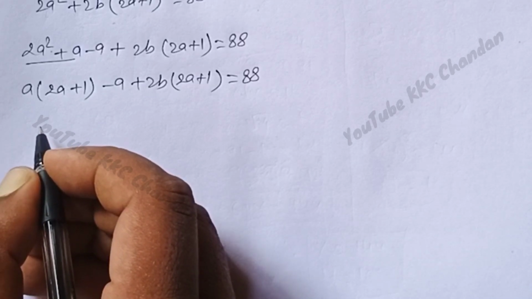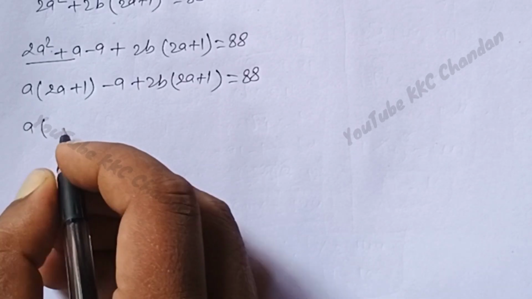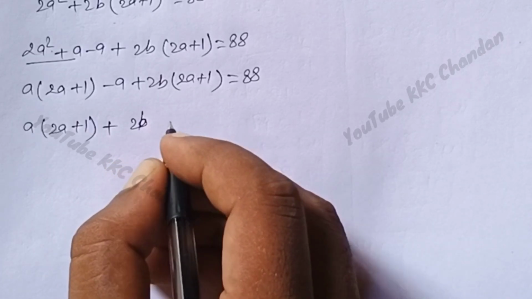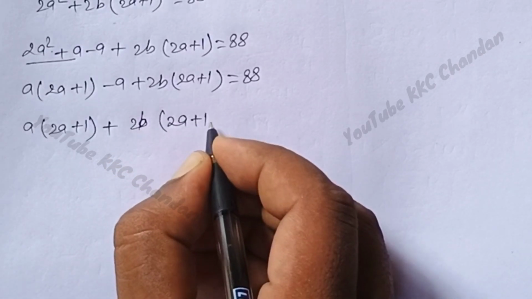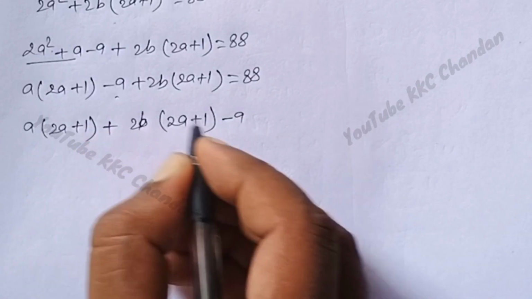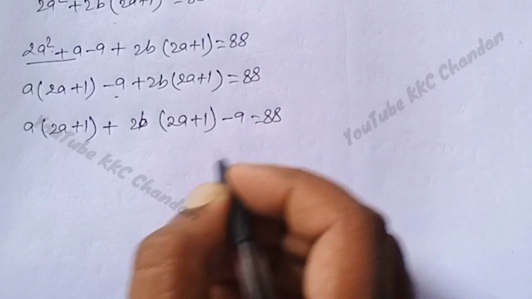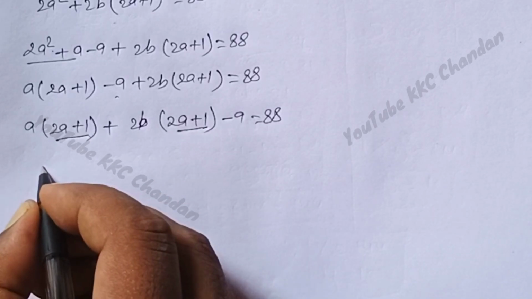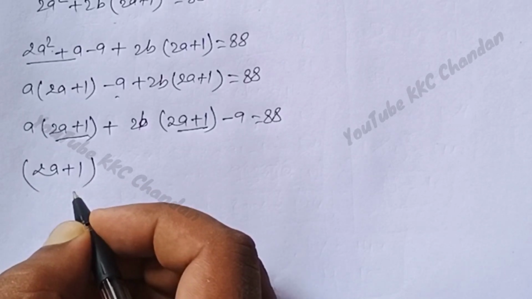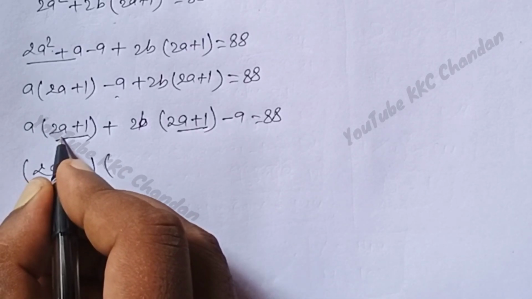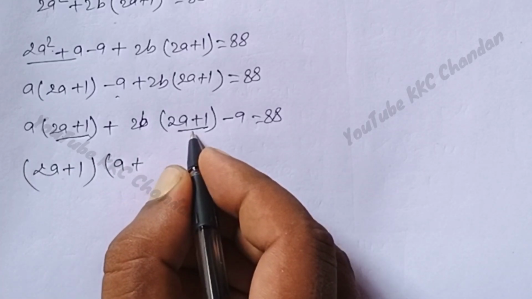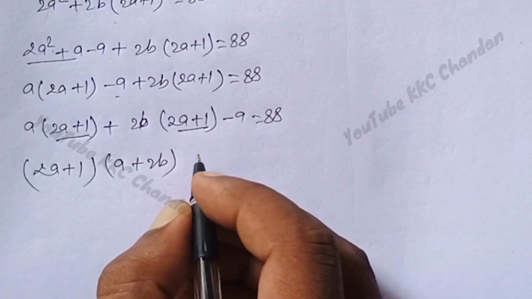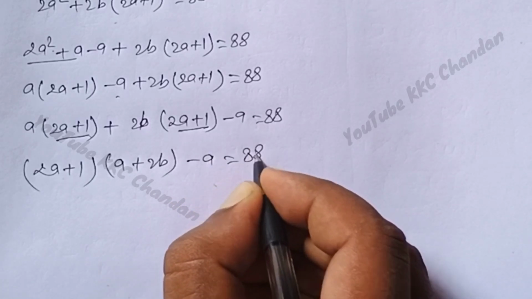Now take 2a plus 1 common: 2a plus 1, bracket open, a plus 2b, bracket close, minus a is equal to 88.